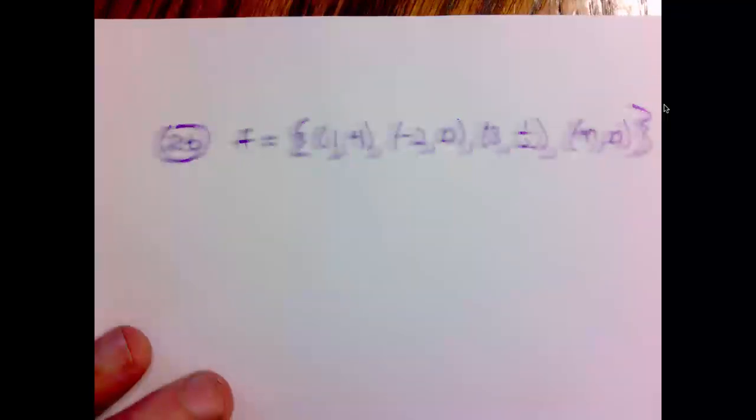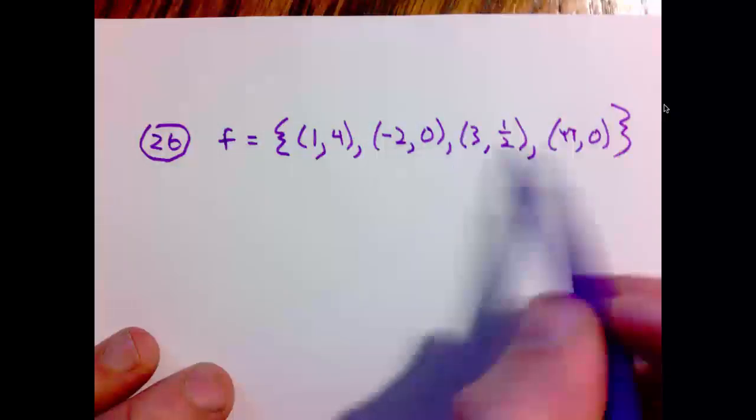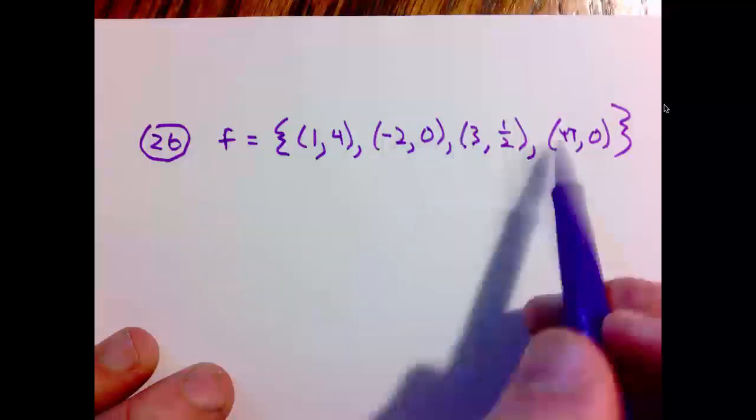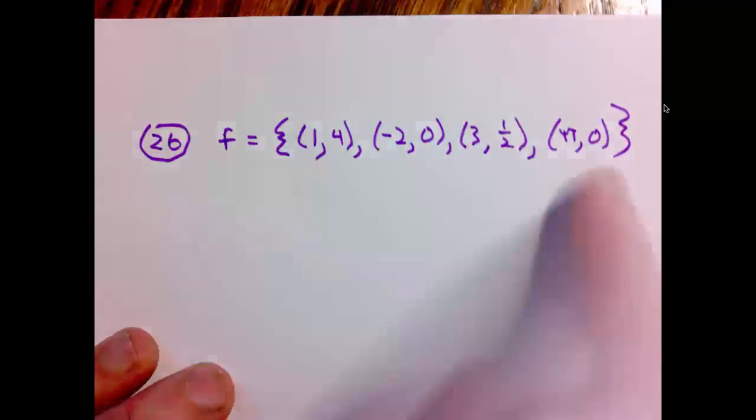Alright, first let's verify that it meets our definition for function. You notice that each x only pairs with one y. There are no repeated x's here. So f, the relation f, is indeed a function.